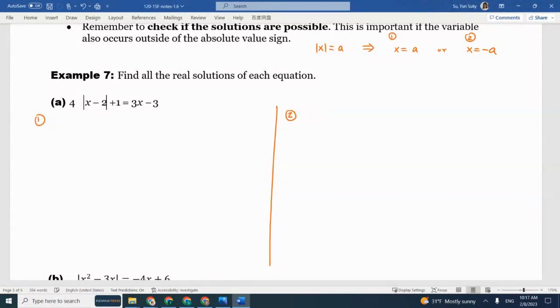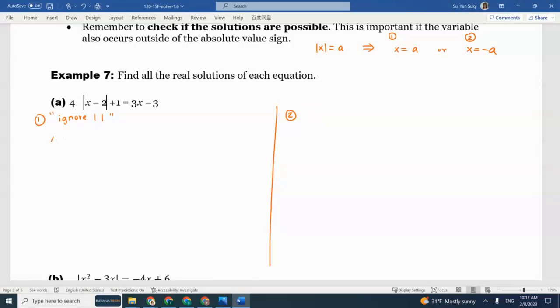We have two possibilities. Okay? The first one, absolute value of x is a. The first case, we have x equals a. Okay? In this case, we just forget about the absolute value.